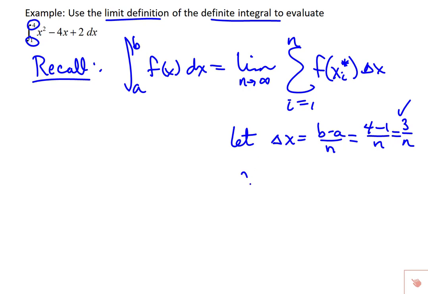We'll also write out what x sub i star is. Remember, that's just notation to represent the sample point in the interval we're using to define the height of, as we saw with area, the height of the rectangle.